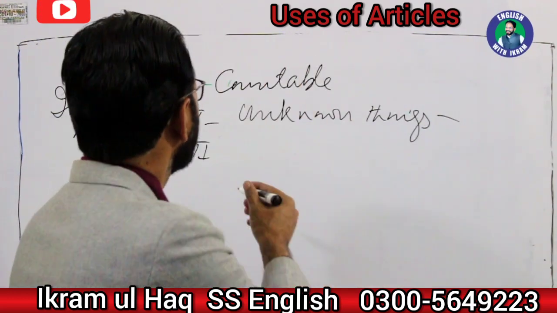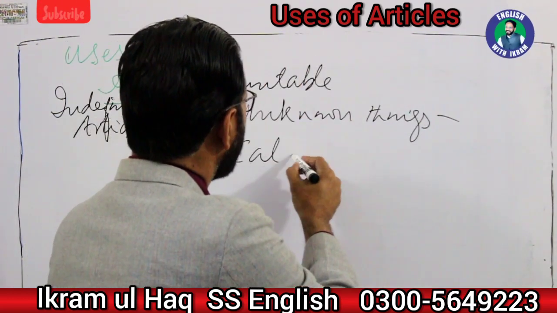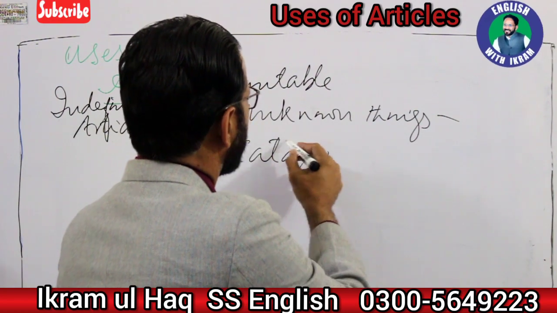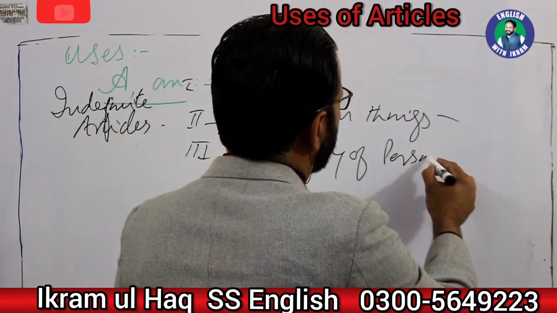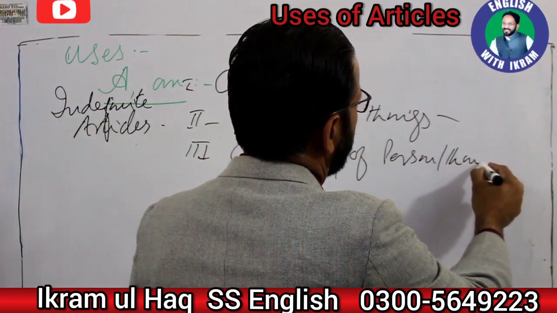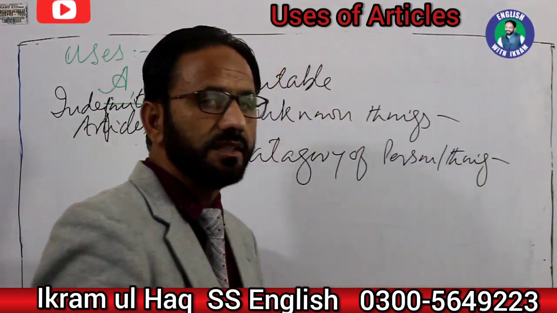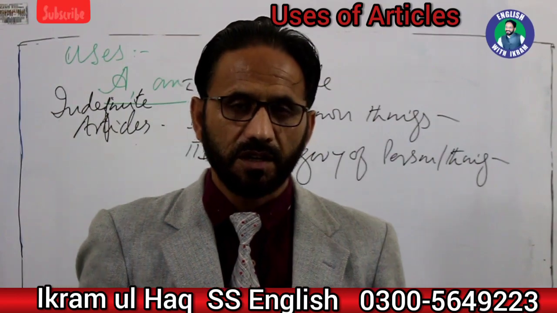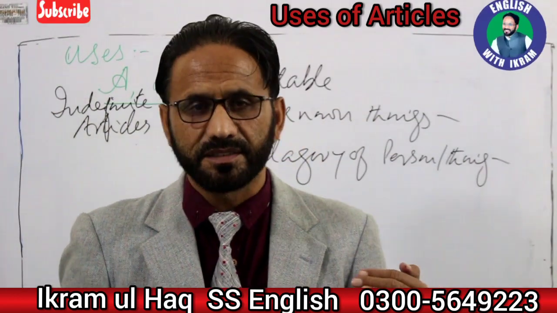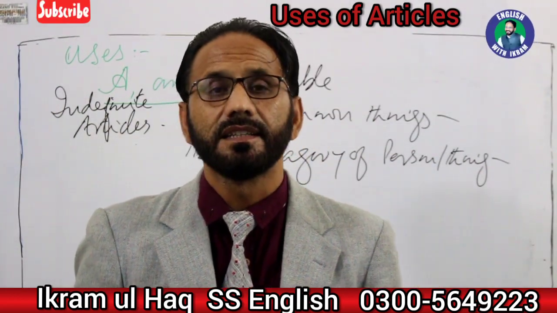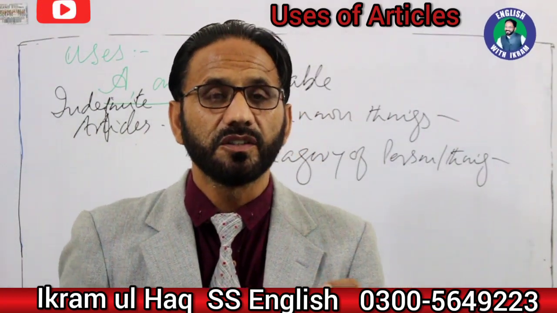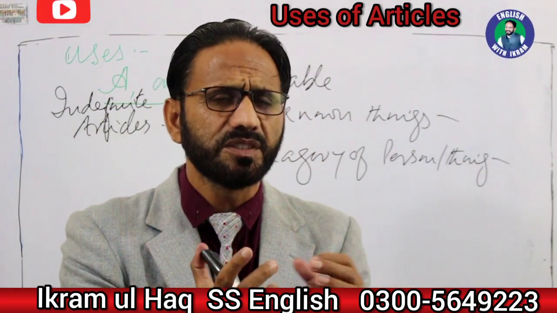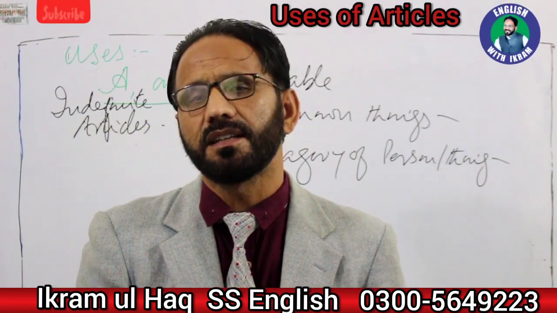Then you use the article with the category of person or things. This is very important. When we are talking about a category of some person or anything, then you use the article a or an. You have to use a and an when you talk about a specific category of something.